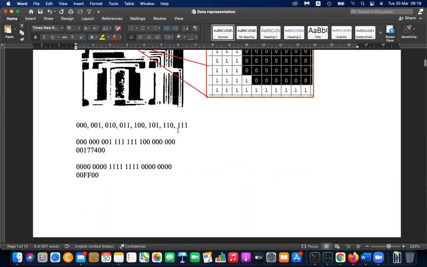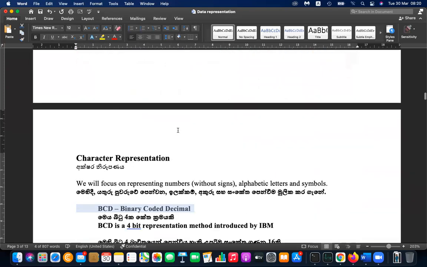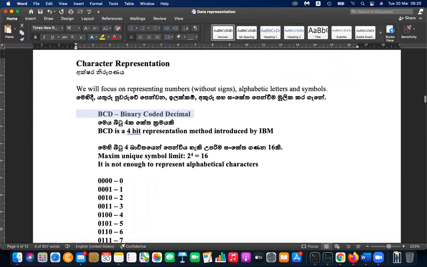Okay, this is how sounds are represented, or waves are represented. The previous one, the sound thing, analog and digital, no need, right?